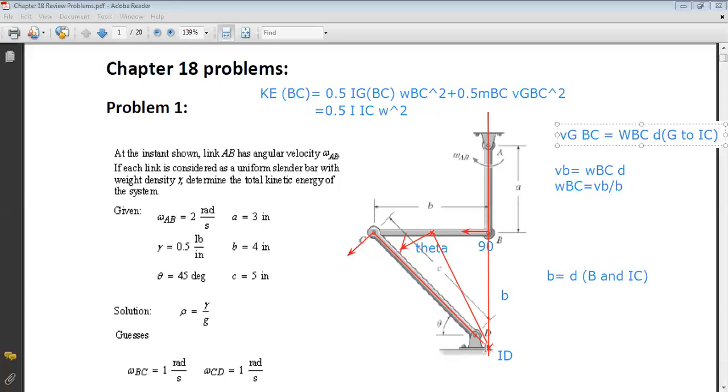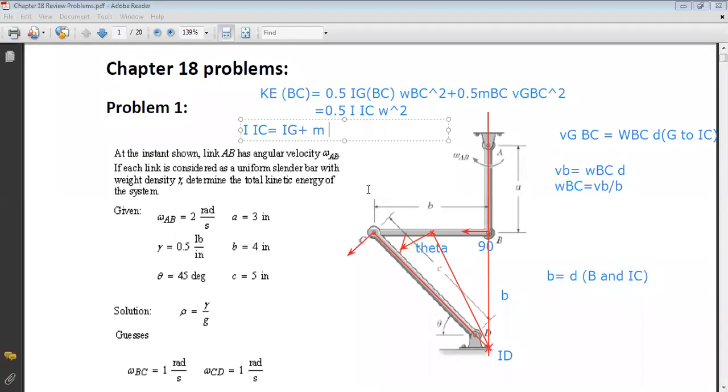And to find inertia about IC, what do I apply? I apply the parallel axis theorem. So I say that inertia about the IC is equal to inertia about G, which is ml square over 12, plus mass of the rod times the distance between the IC and G, squared.